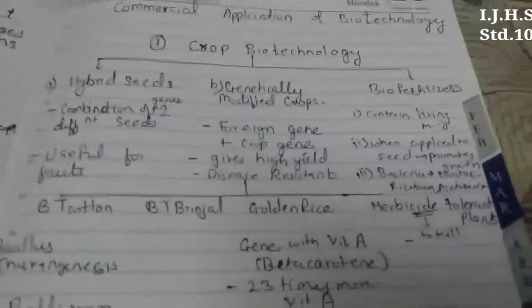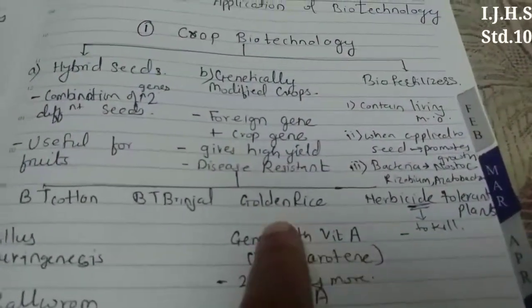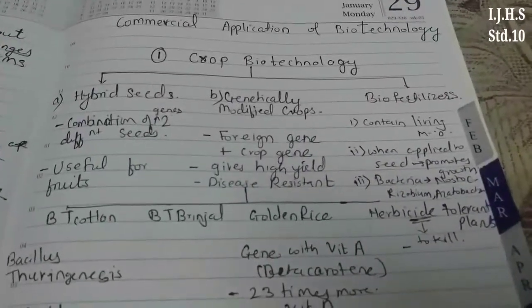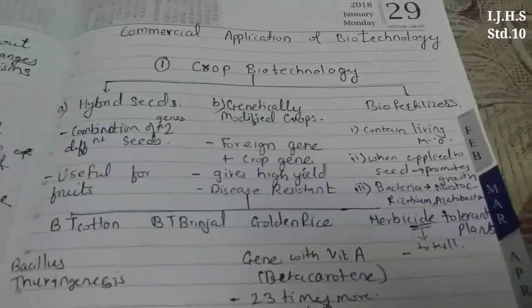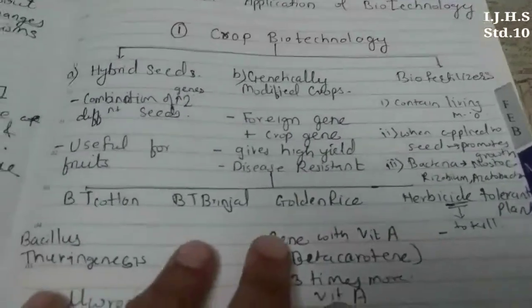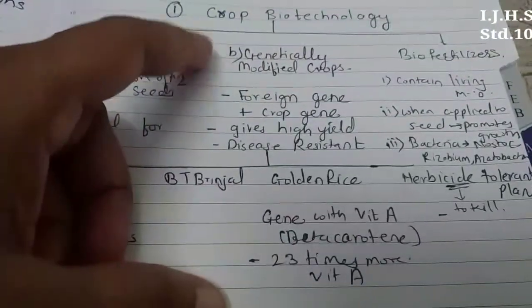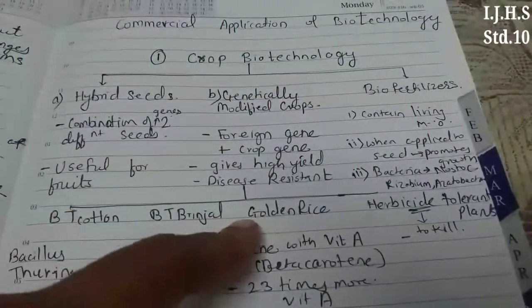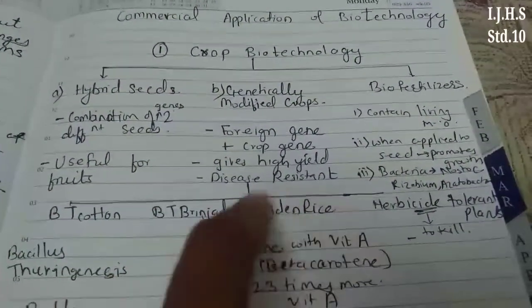Okay. Next is golden rice. Now why is this golden rice? In our daily life we are eating rice which has vitamins, but with the help of this genetically modified crop, the rice which is produced is golden rice. Why is it called golden?